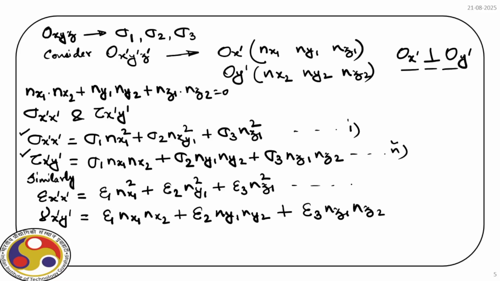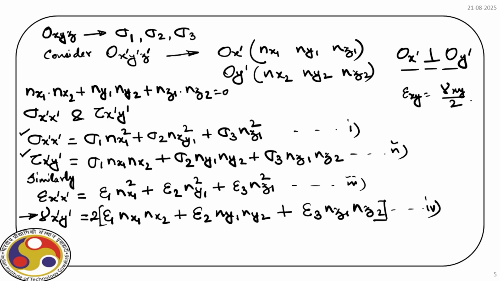So this is the third equation, and we have here the fourth equation, right? Okay. Actually, because we have engineering strain here, there will be 2 times this quantity. Recall, we earlier defined epsilon xy is equal to gamma xy by 2, right?